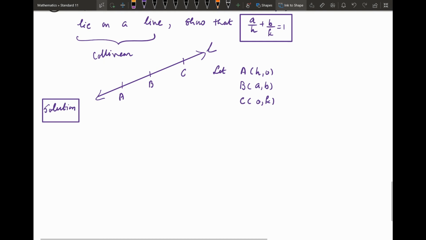Now we are given that these 3 points lie on a line. So here A, B, C are collinear.